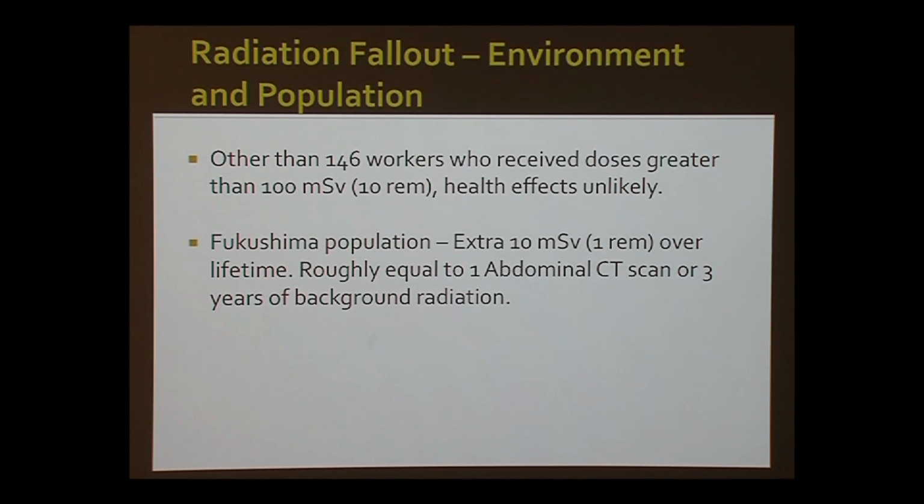The rest of the Fukushima population received maybe 1 rem over a lifetime is what they are estimating. So over the lifetime of people who continue to live in the Fukushima area, they may receive about an abdominal CT scan worth of radiation extra in their lifetimes that otherwise, with just normal background radiation, they wouldn't have.